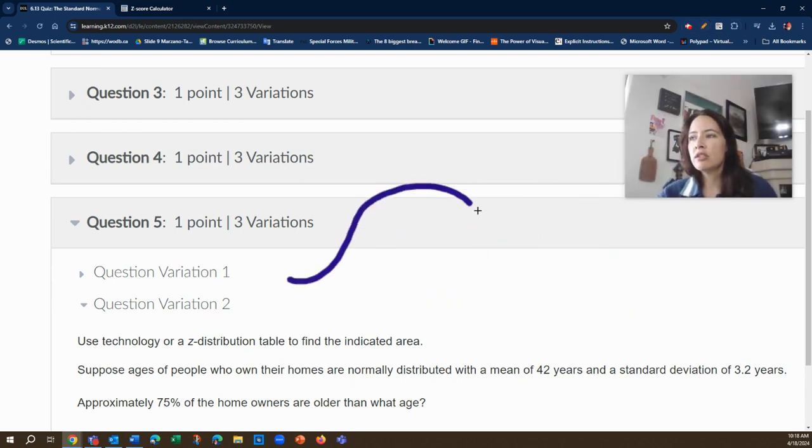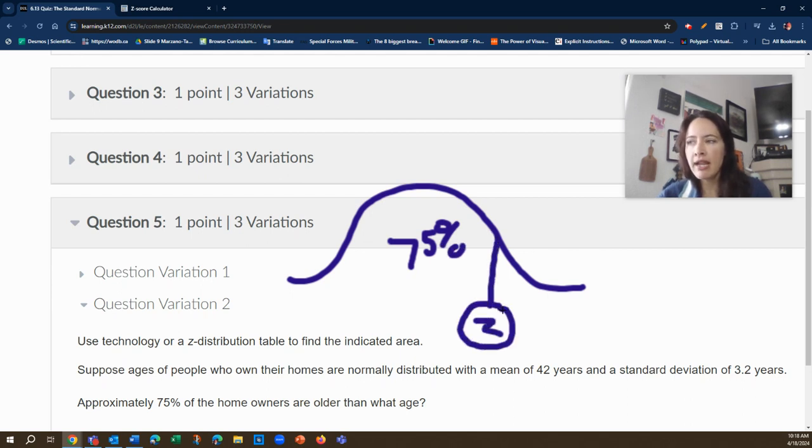So you could use this, and I'll show you what to do. Approximately 75% of homeowners are older than what age? Well, you could find inside your table 75%. You could find that z-score, right?